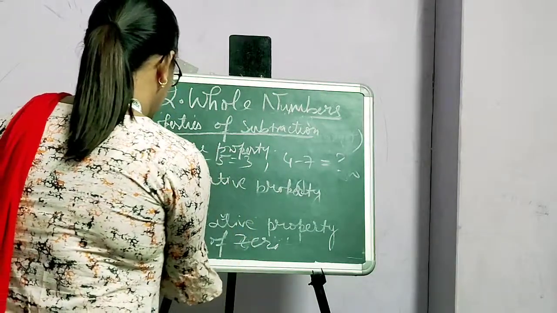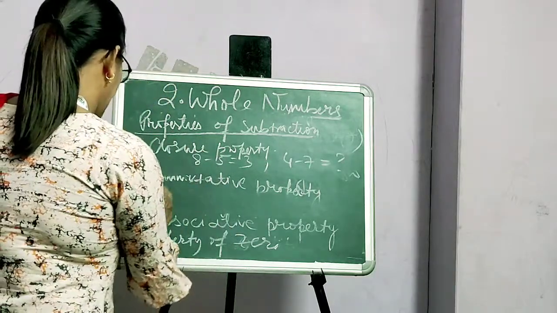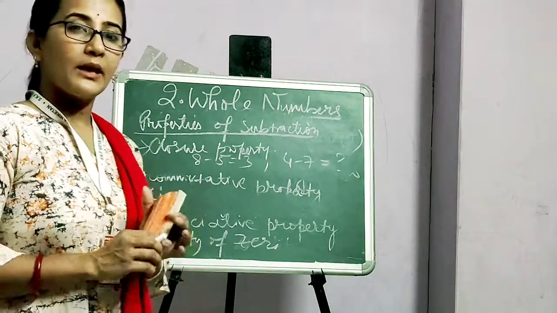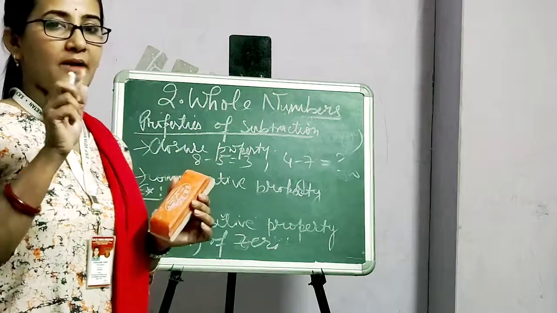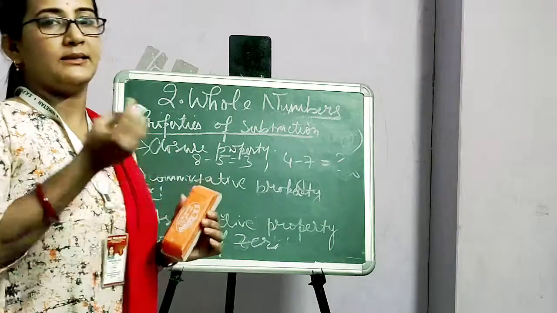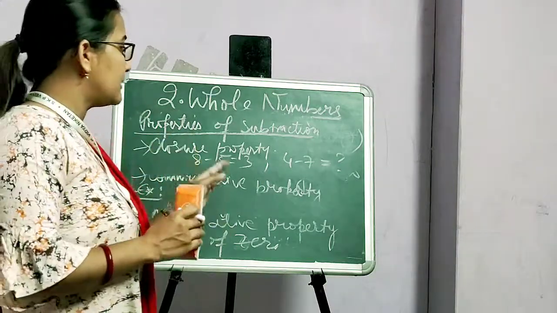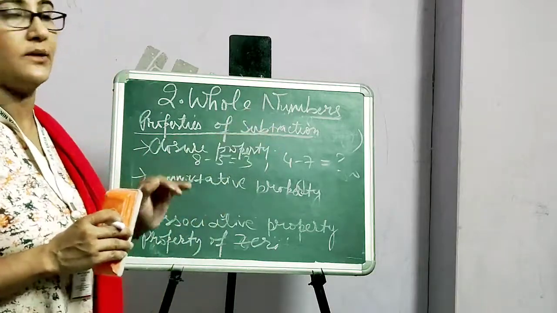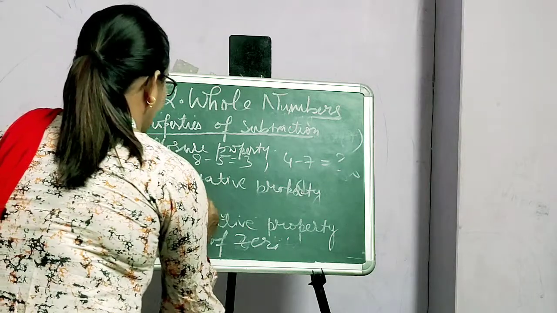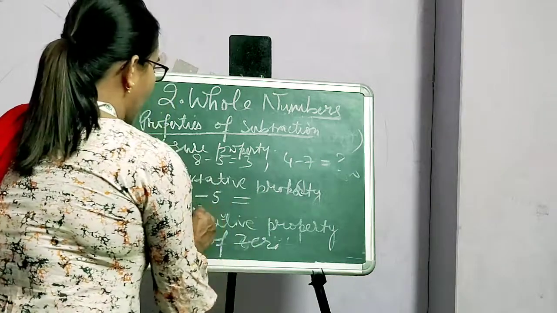Here only let me write the examples. Commutative property. In commutative property, what I said is that A plus B, means 4 plus 5, is equal to 5 plus 4. 4 plus 5 is 9, equal to 5 plus 4, which is also 9. So this is satisfied in addition. But in case of subtraction, suppose you are subtracting 8 minus 5, which is 3.